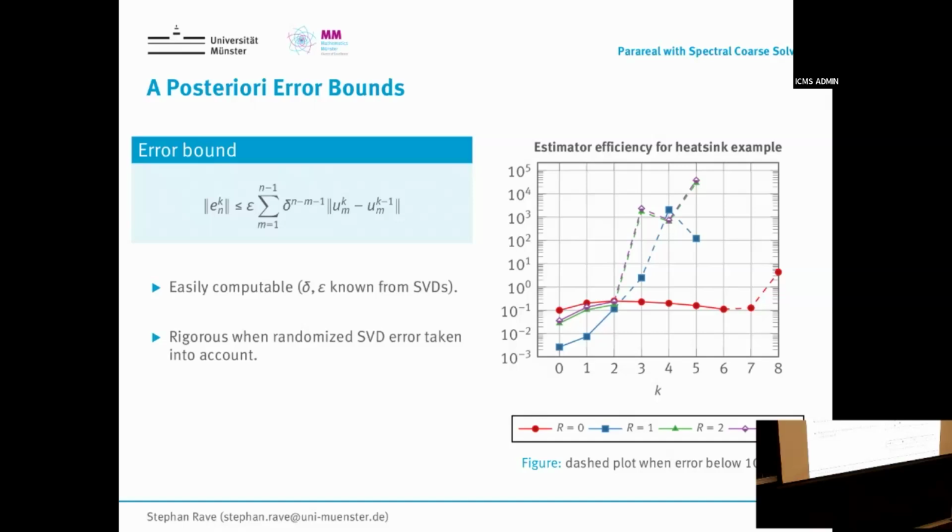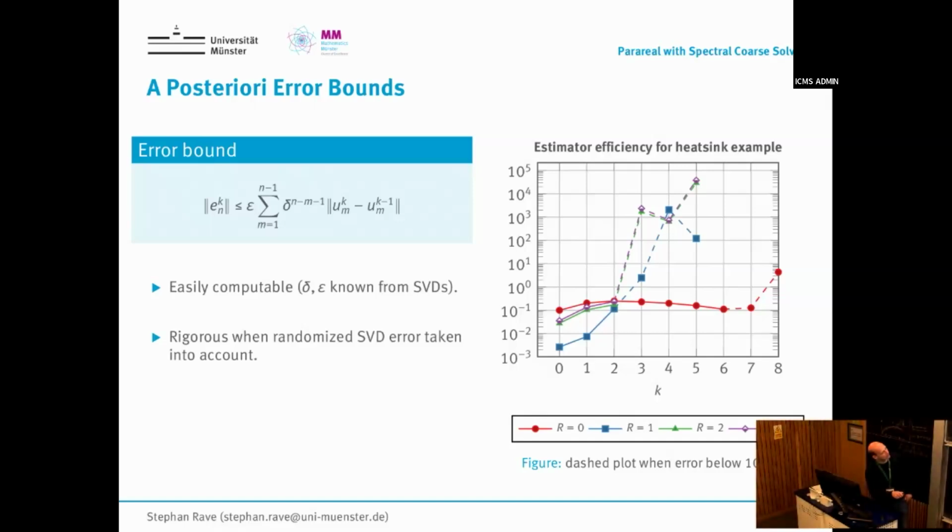So here the dashed parts is where we are already at machine precision anyway. So don't look at that. Everywhere else we are below 1. In some cases, the efficiency is not very good, but this is due to the fact that the algorithm converges so fast.